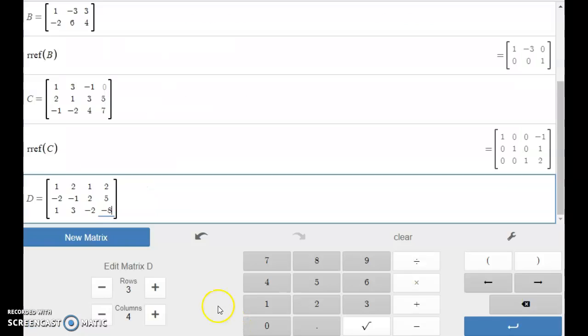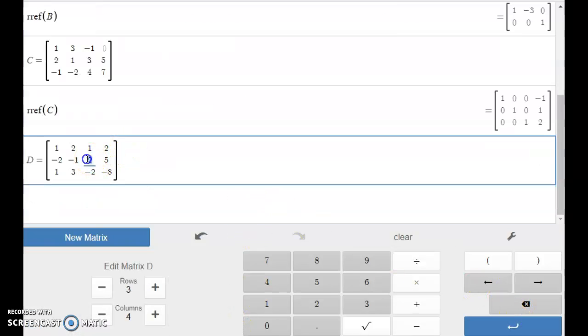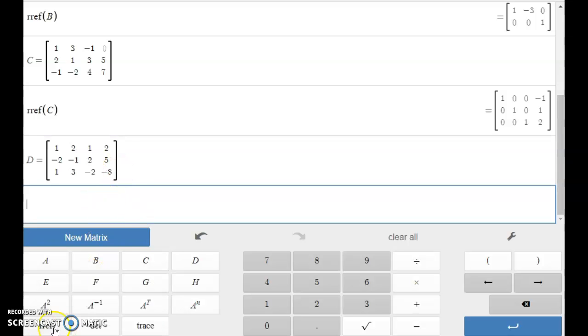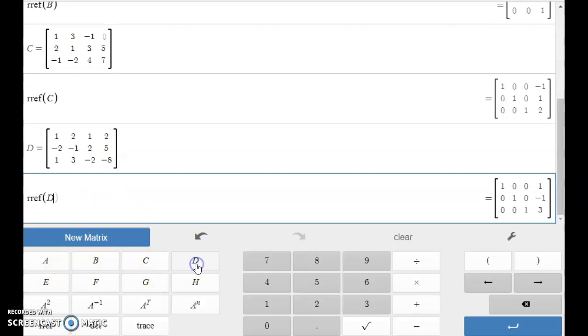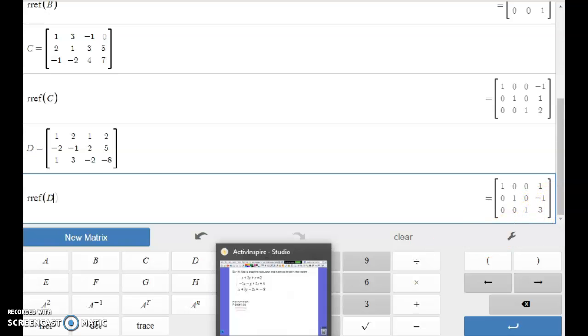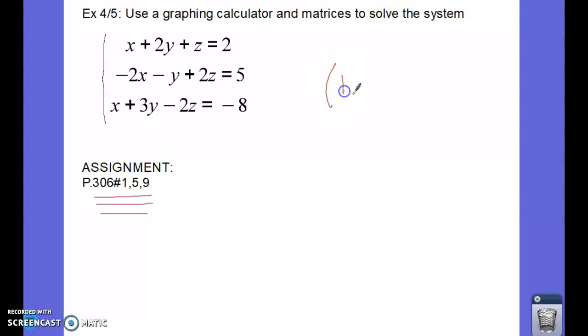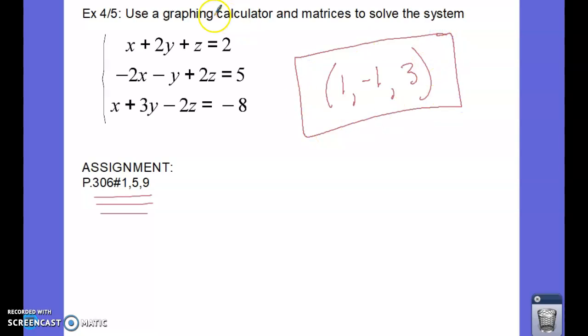If you ever mess up, like you hit enter and you mess up, you can actually just go back and change it. So what I like about this tool, it's really easy. Hit ref of matrix D. So your top row is saying 1x plus 0y plus 0z. So x equals 1, y equals -1, and z equals 3. 1, -1, 3. You can double check if that's right. Very, very easy once you know how to use the technology.